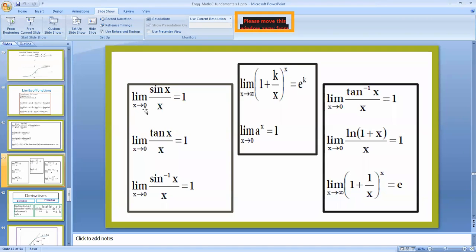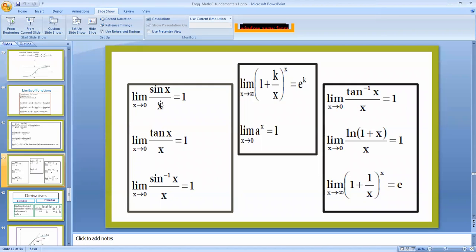So what is the actual limit for this function? You observe it. When you substitute x is 0, sin 0 is 0, upon 0, it is 0. 0 upon 0, yes. What is the value of that? Can you guess the value of 0 by 0? Anybody?